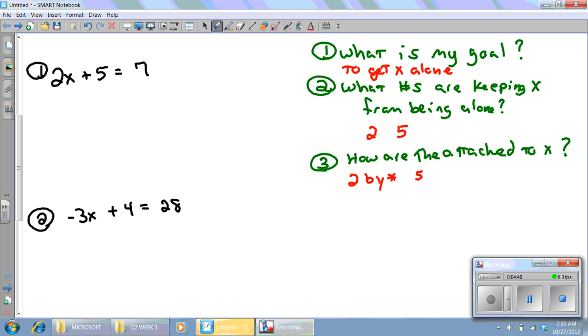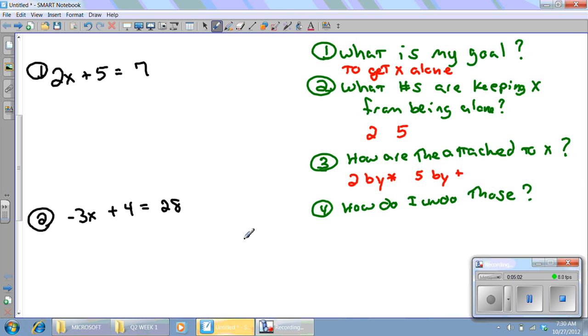The 5 is attached by addition. How do I know? The 5's positive. Number next to a letter for the 2 means multiply, right? Okay, well then I ask myself, how do I undo those?